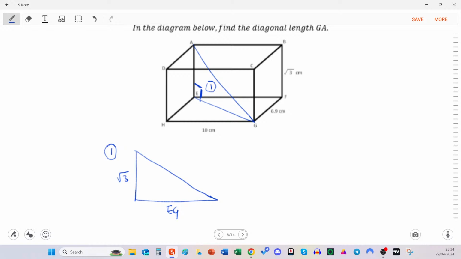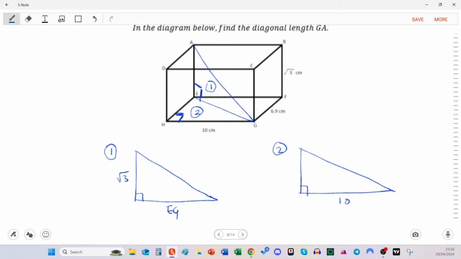So we need to figure out what is linked to EG at the bottom, and that's going to be this triangle here. So we're going to call that triangle 2. Now what do we know about that triangle that's lying flat on the ground there?